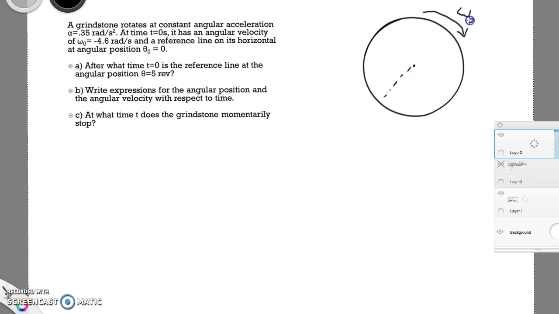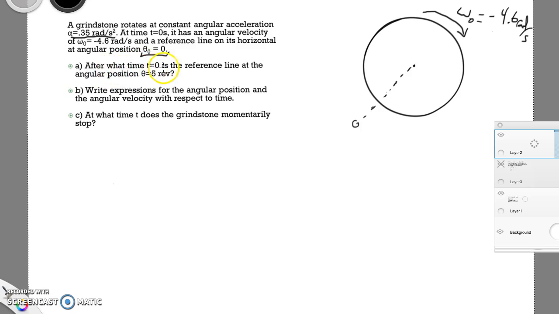So omega naught is equal to negative 4.6 radians per second. We have an acceleration of 0.35 radians per second squared, and we're going to say our starting position we'll call 0.